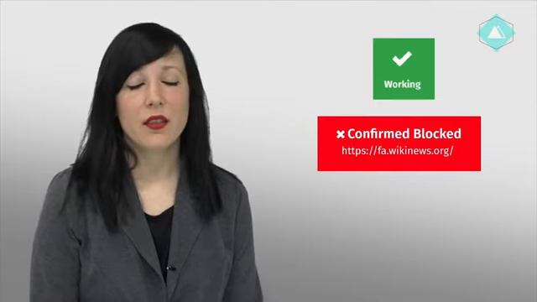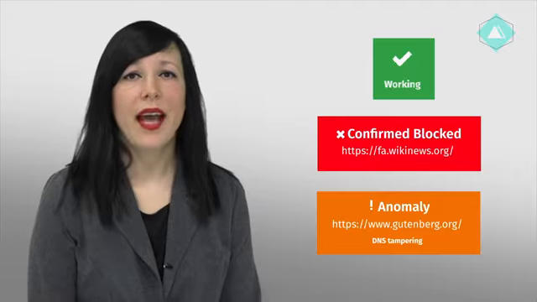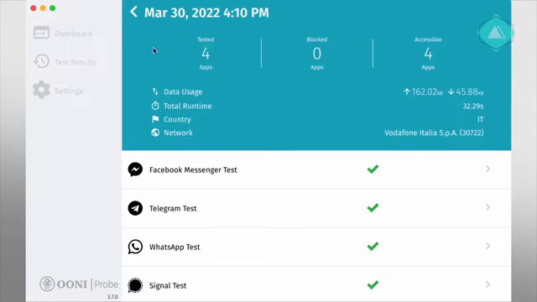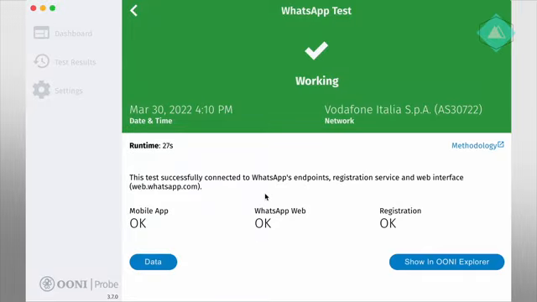An OONI probe test result can have three possible outcomes. It can be normal, confirmed blocked, or anomalous. An OONI measurement is annotated as normal if everything works as expected, based on OONI methodologies, of course. For example, if a tested website is found to be accessible, it is annotated as normal.